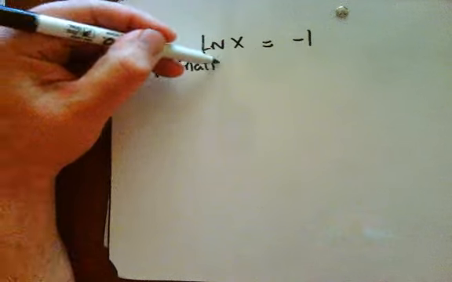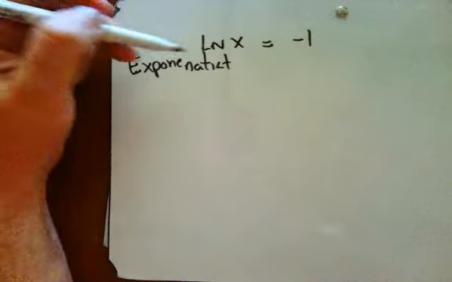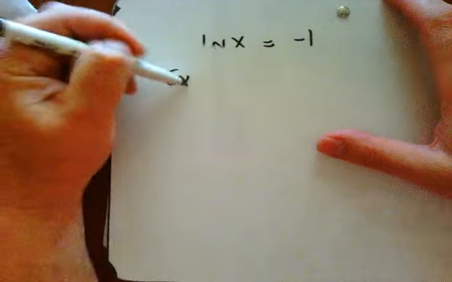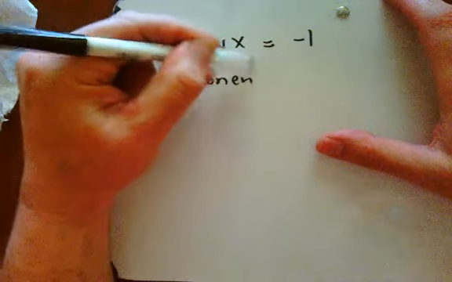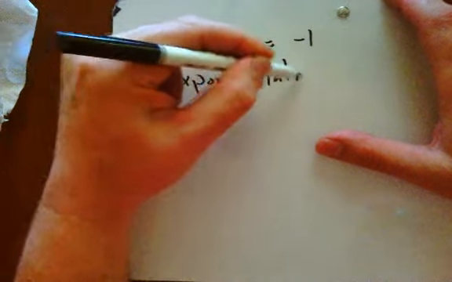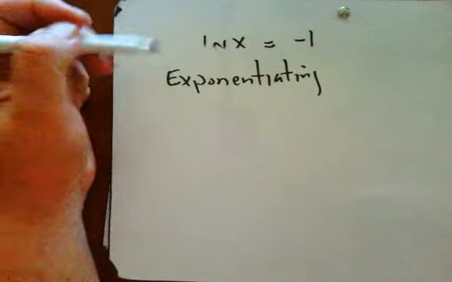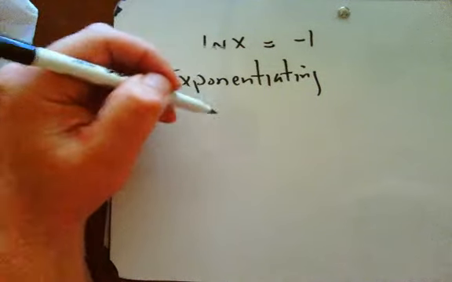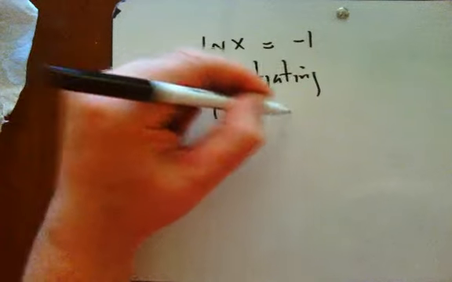I'm looking now at ln of x equals -1. How can I solve this? Well, the only way I have to solve this is by exponentiating. It would help if I spelled the verb correctly.